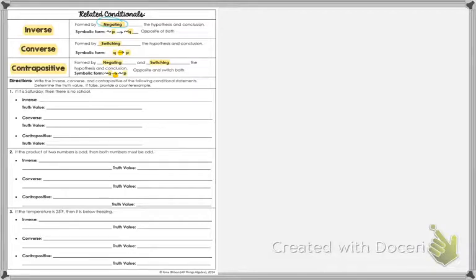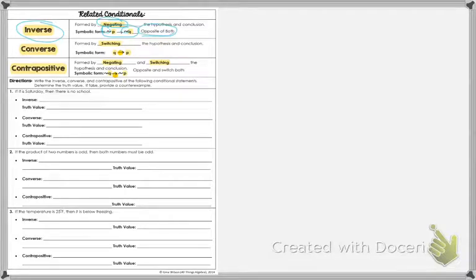In other words, the opposite. We already know the symbols are those wavy lines. Okay? So when I ask you, I need the inverse of the conditional statement, then what we're going to do is exactly what you see here in these symbols. We're going to do the opposite of whatever the hypothesis is, and then we're going to do the opposite of whatever the conclusion is. Opposite of both.